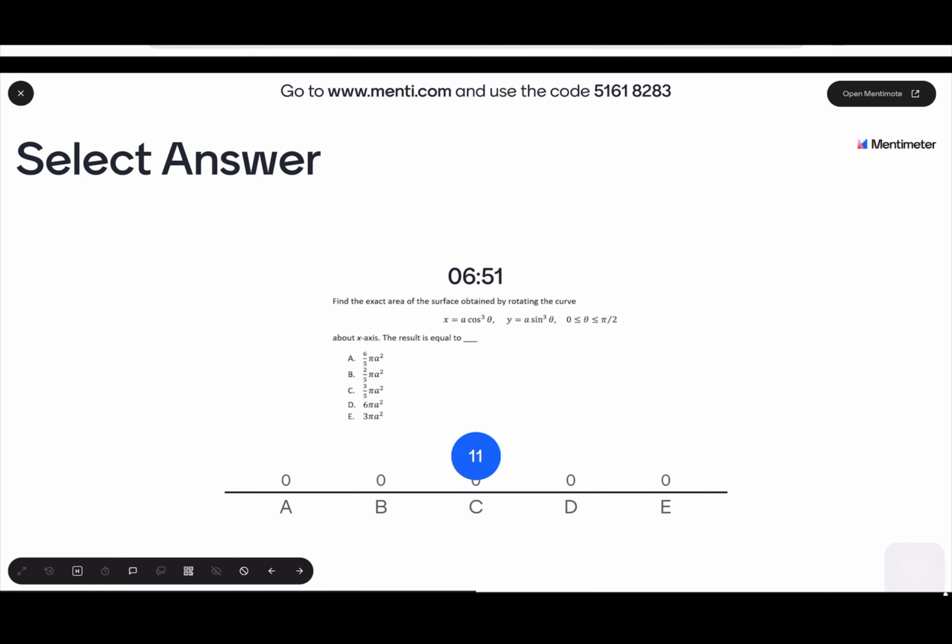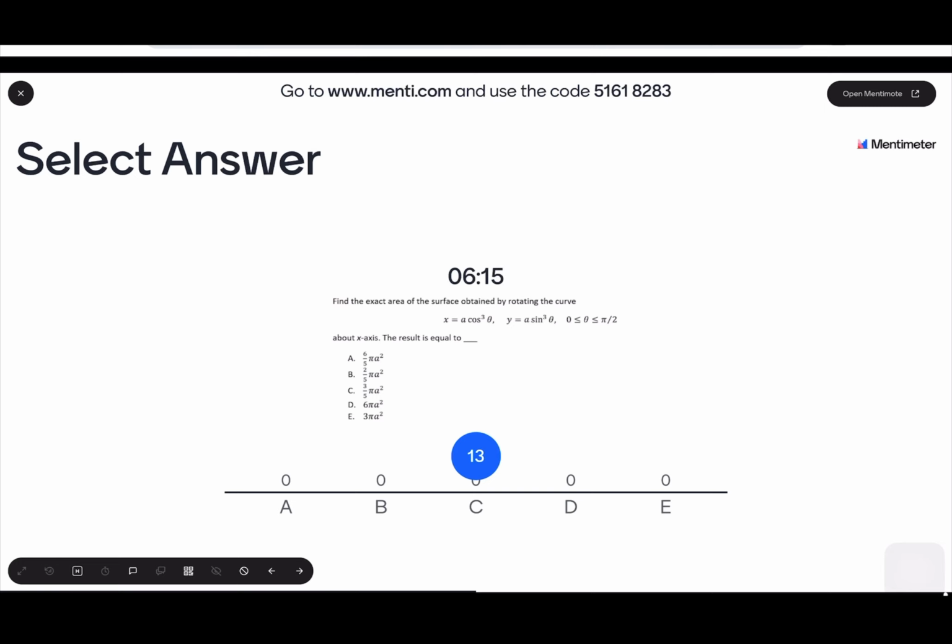Ten students submitted? Okay, good. But I think you need to derive x and y because you need to put them into the arc length also, right? The L. And rotating about x means the radius is y.